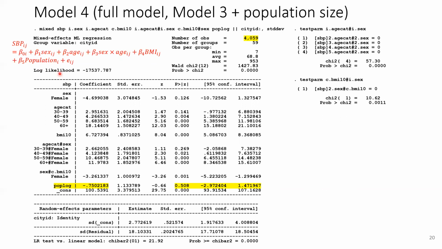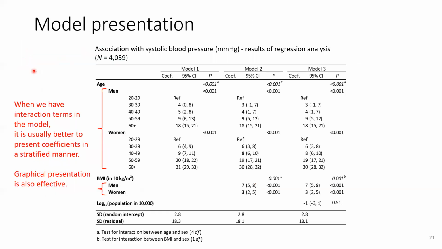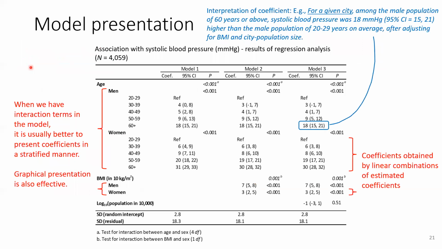So when we want to interpret the coefficients of beta 1 up to beta 4, we have to say that we fix beta not I, which can be said by this expression, for a given city.